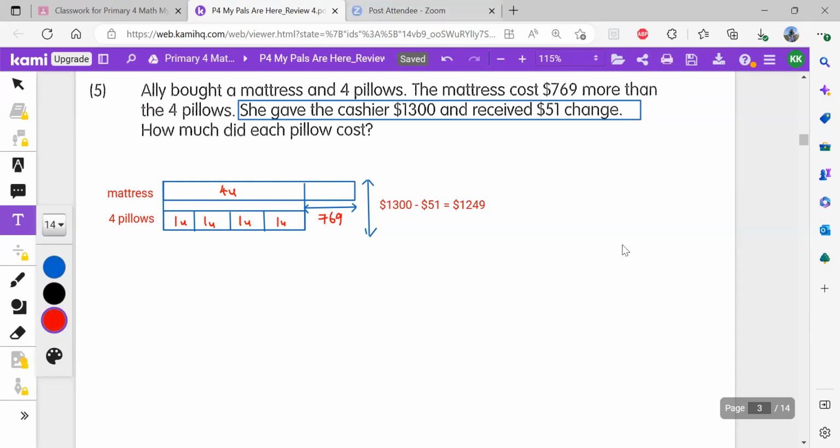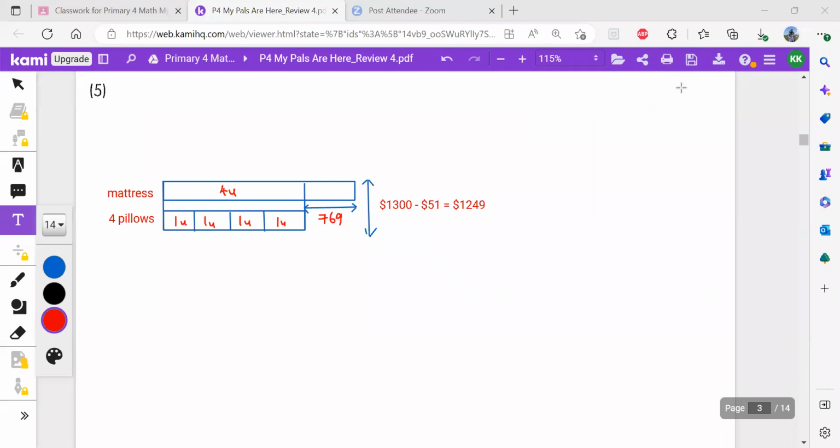So we are ready to look at this. I'm just going to block up the question and look at my model. Is there anything I can find? Yes, I can find 1 unit. Looking at this part here, which is 8 units in total, 4 plus 4 is 8 units. 8 units plus this 769 together will give me 1249.